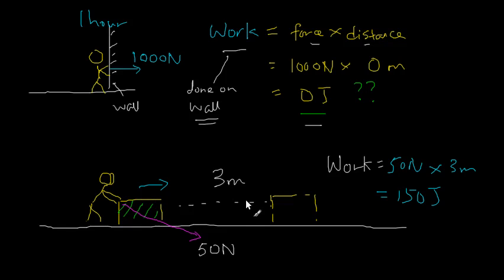Okay, so let's see how we do that. The displacement is this vector from the box over the distance and in the direction of the distance moved. So this vector here represents the displacement.